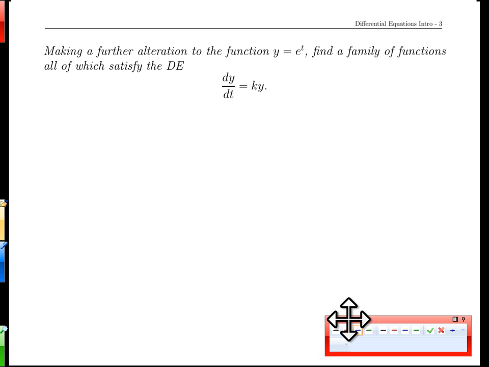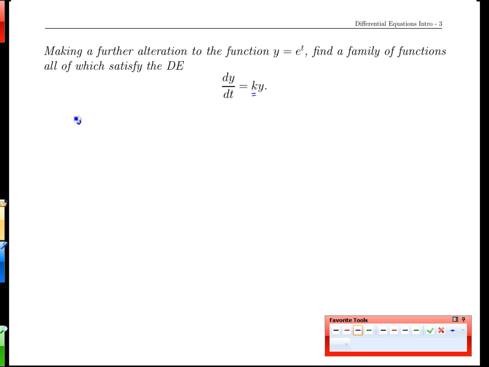All right. Now the natural e to the t function doesn't occur in nature very frequently just as is. What more typically happens is that we change the rate of decay or the rate of growth. So let's take a look at a slight modification to the differential equation.